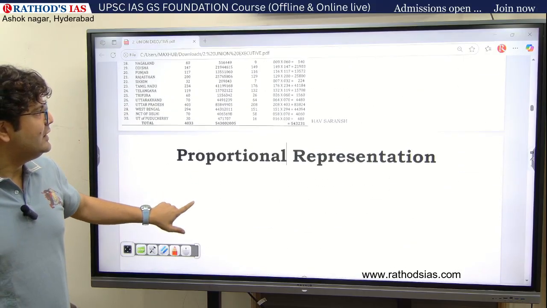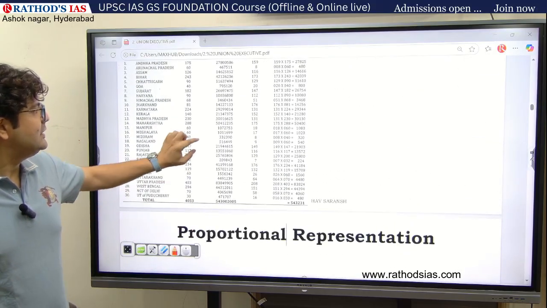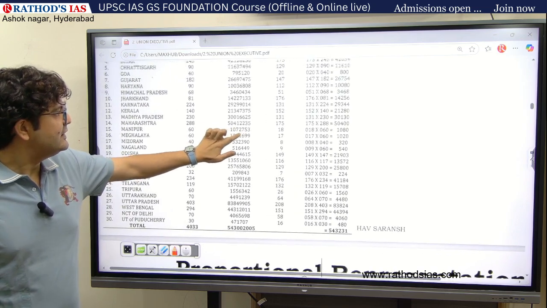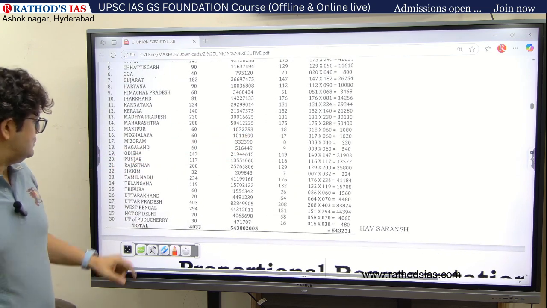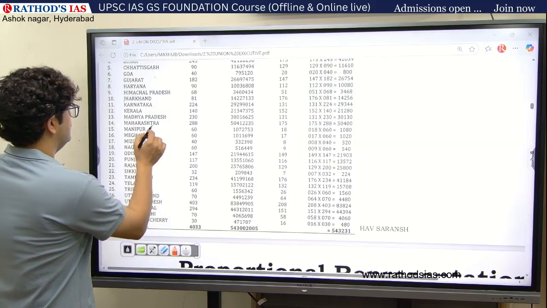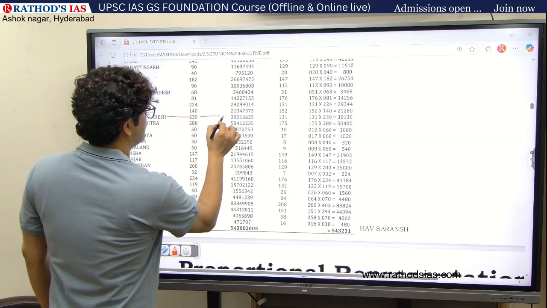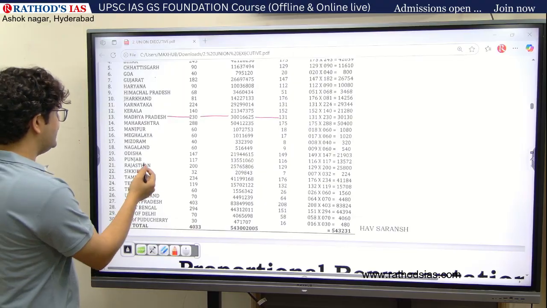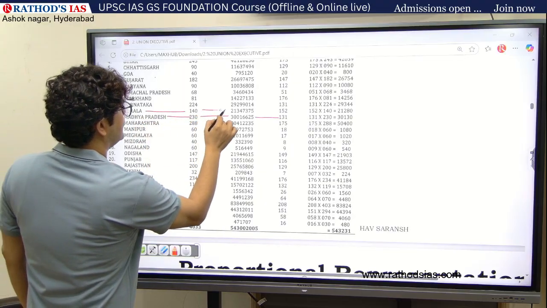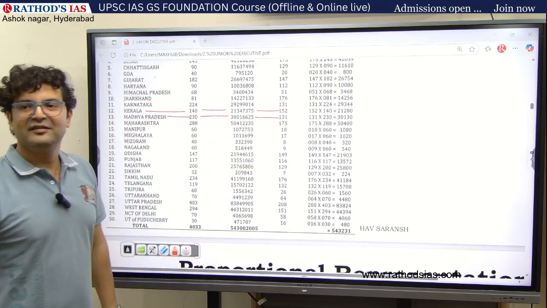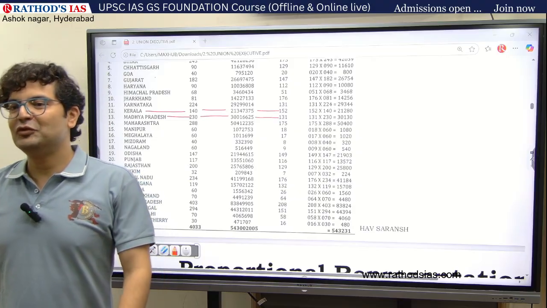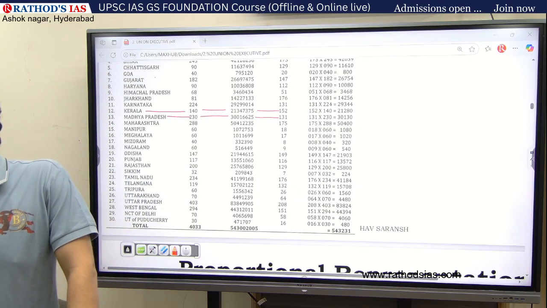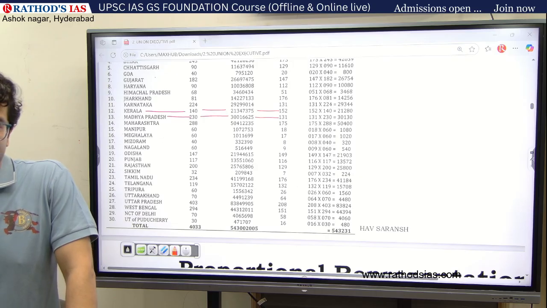The vote value of the MLA of MP, so where is MP? Madhya Pradesh. How much? 131. Kerala, how much? 152. The vote value of MLA of Kerala is more, not less than that of vote value of MLA of MP.